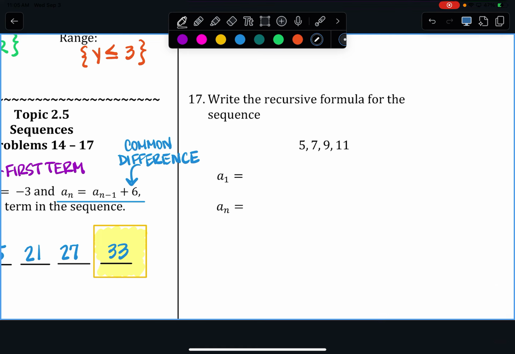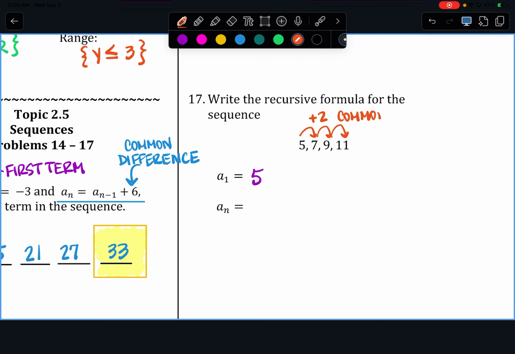Write the recursive formula for this sequence, but this one is wanting the a subscript rule. Same rules apply though. So they want you to write the a sub 1, which is clearly 5, right? This is your a sub 1 right here. And then your rule, well, I need my common difference first. So let's see, what are we doing to get the next number over and over again? Looks to me like we're adding 2, right?